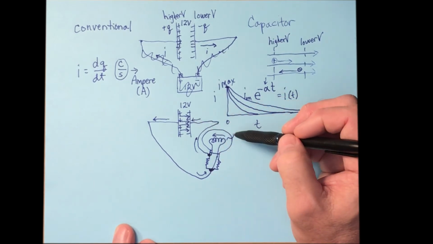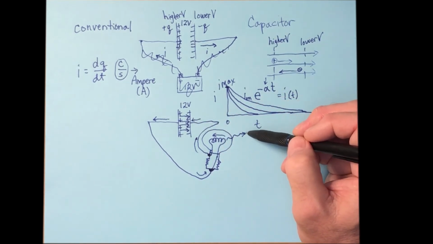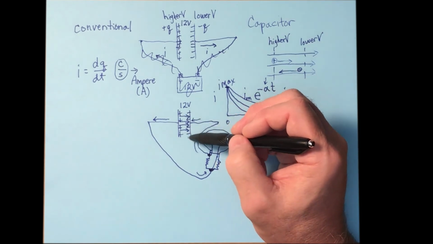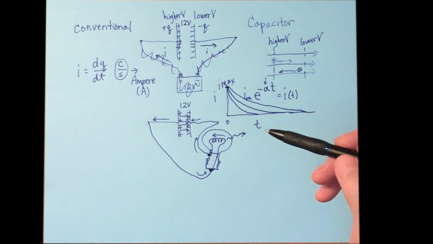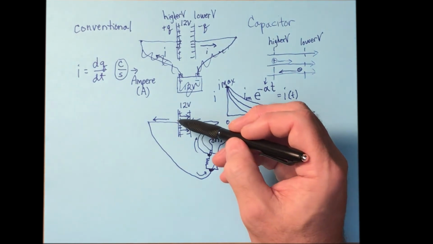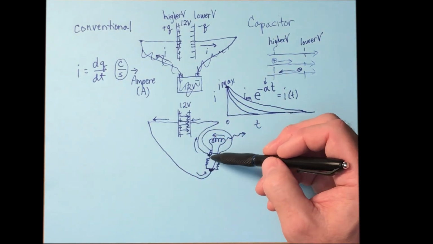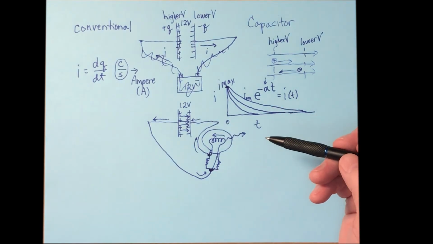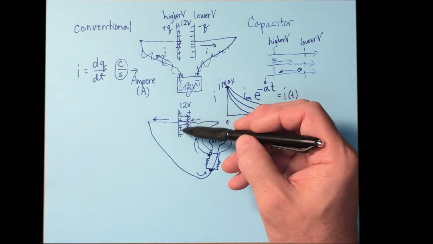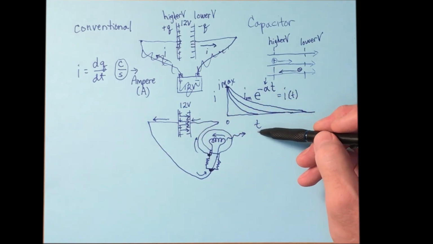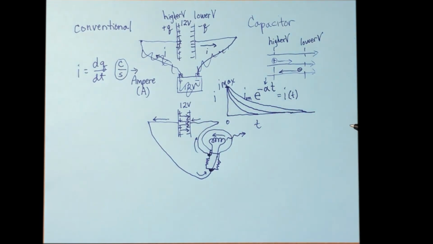But over time, because we're losing energy out of the system, the energy that was contained here in the capacitor is slowly decaying itself. So what does that mean? That means ultimately the current is going to stop flowing, and the capacitor is going to be drained of its energy. And because it's drained of its energy, the light no longer shines.